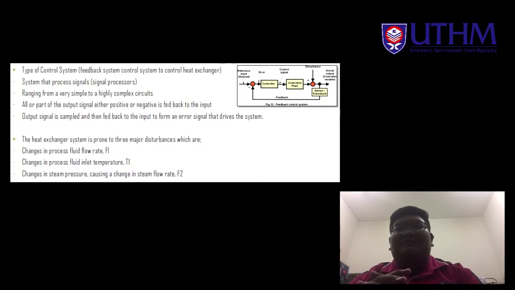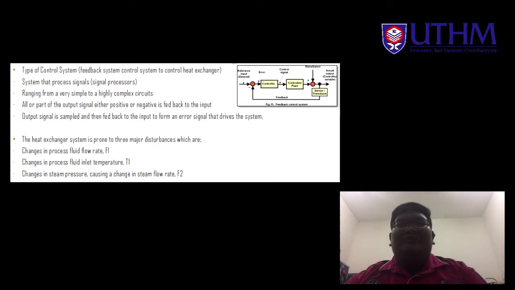It is a system that processes signals, ranging from very simple to highly complex circuits. All or part of the output signal, either positive or negative, is fed back to the input. The output signal is sampled and then fed back to the input to form an error signal that drives the system.